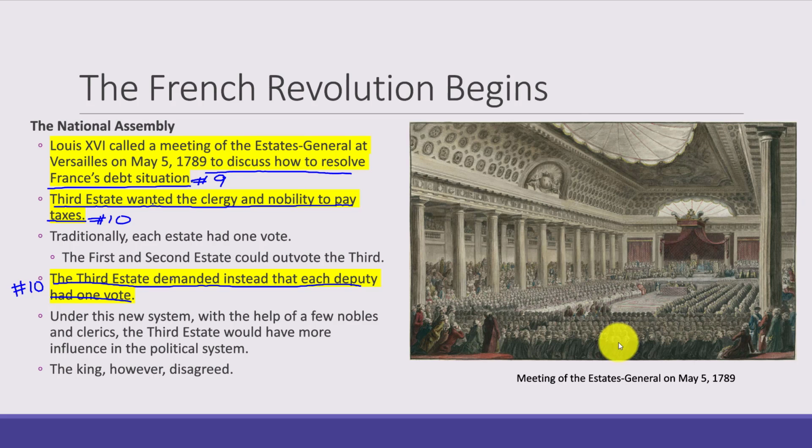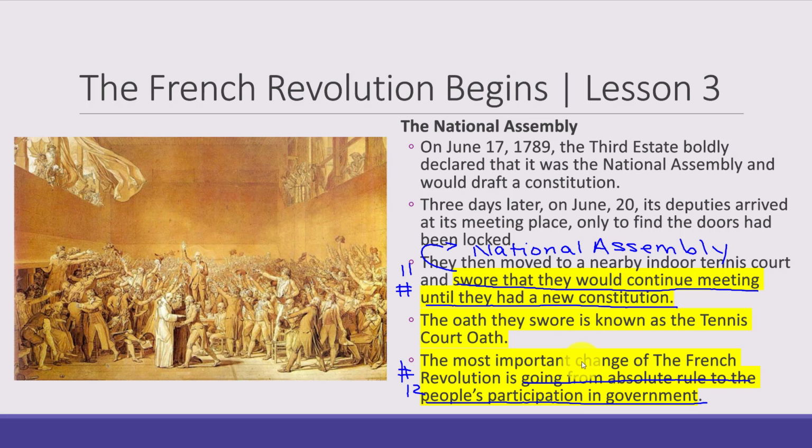And as you see here, this is a picture of the Estates General meeting in 1789. Okay. So with all of that being said, in June of 1789, the third estate boldly declared that this is ridiculous. We're not having our say. So they came together as a national assembly, and they swore an oath.